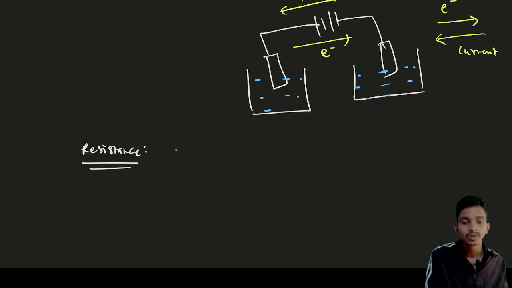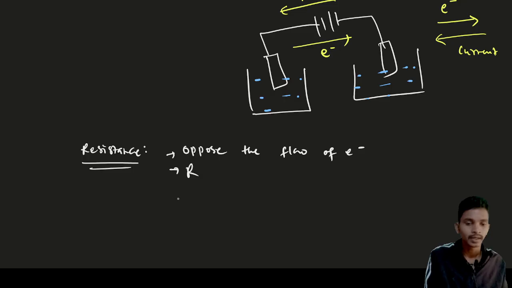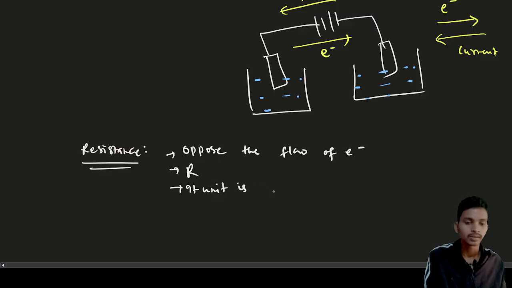Resistance means which opposes the flow of electrons. It is represented by R, and its unit is ohm.